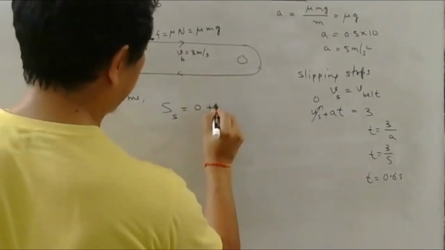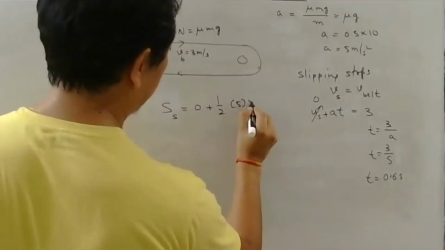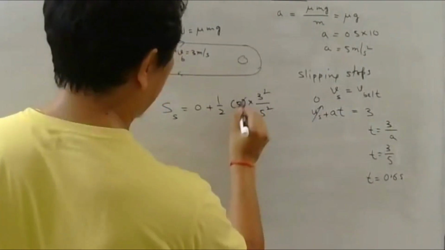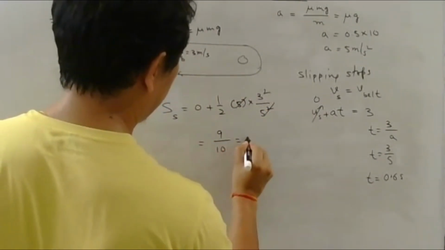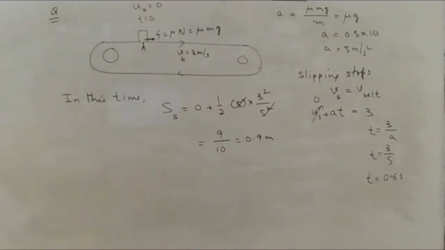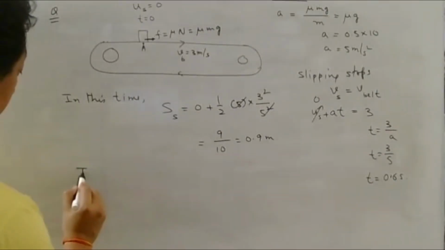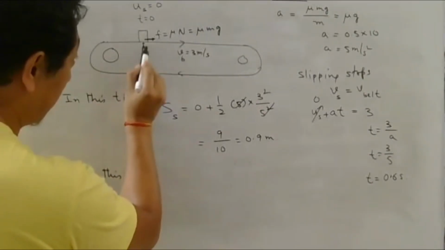u is 0, half a t square. So 1 by 5 will cancel. It is 9 by 10, 0.9 meters. That is the distance covered by the suitcase, remember. During this time, what is the distance covered by that point of the belt which was below the suitcase?